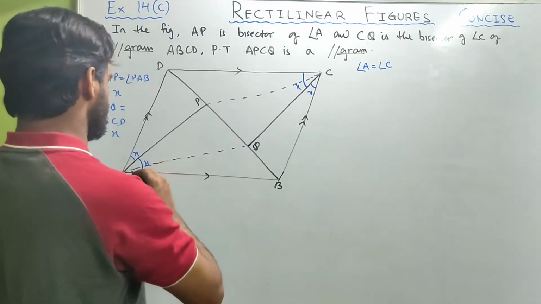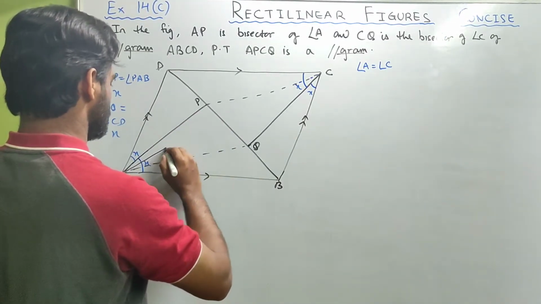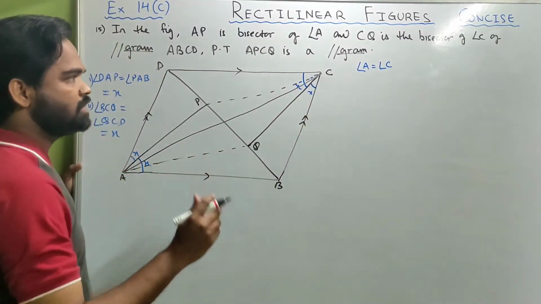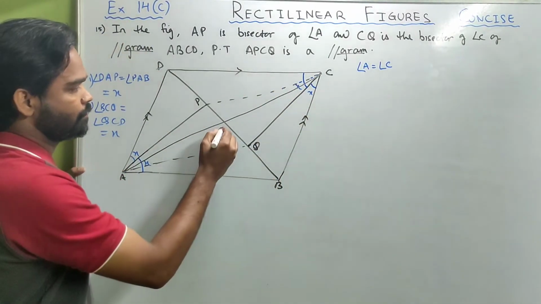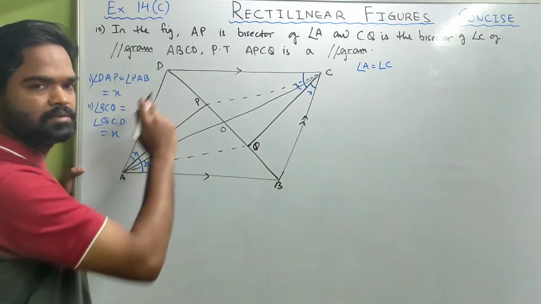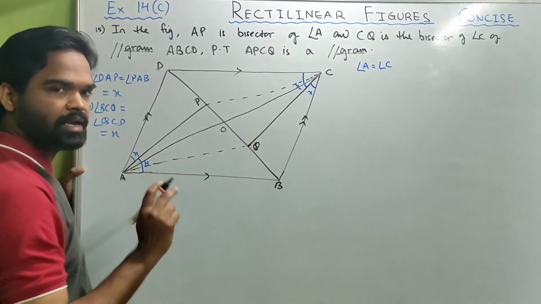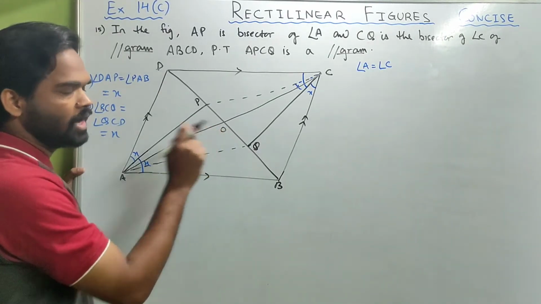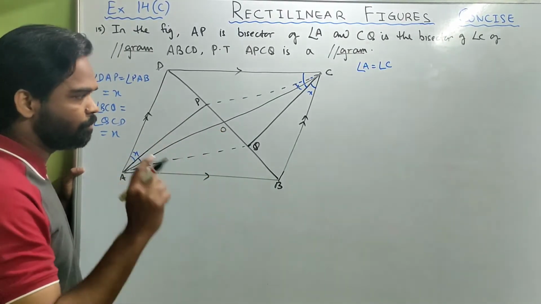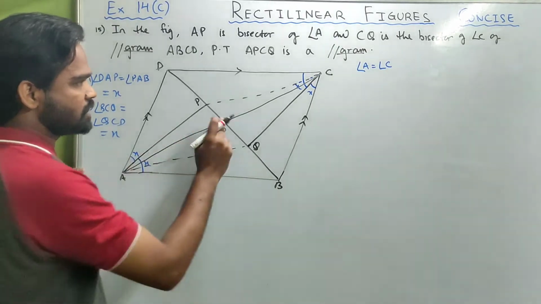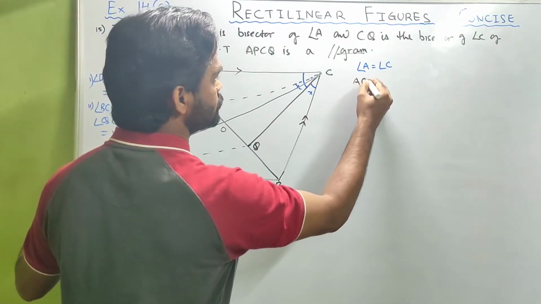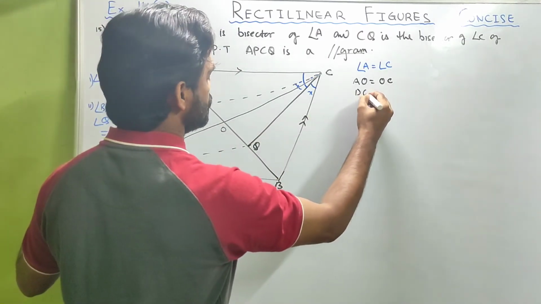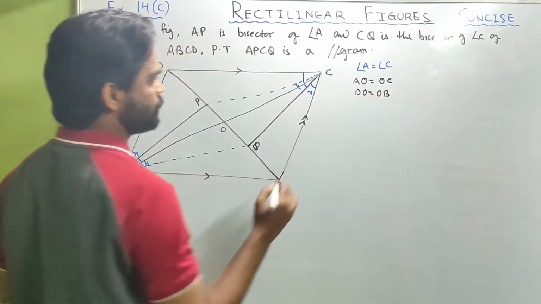See, I'll join AC. AC is the diagonal of ABCD and BD is another diagonal. The diagonals intersect each other at O, and in a parallelogram the diagonals bisect each other, which means we can say AO is equal to OC, no doubt. DO is equal to OB, no doubt in that.